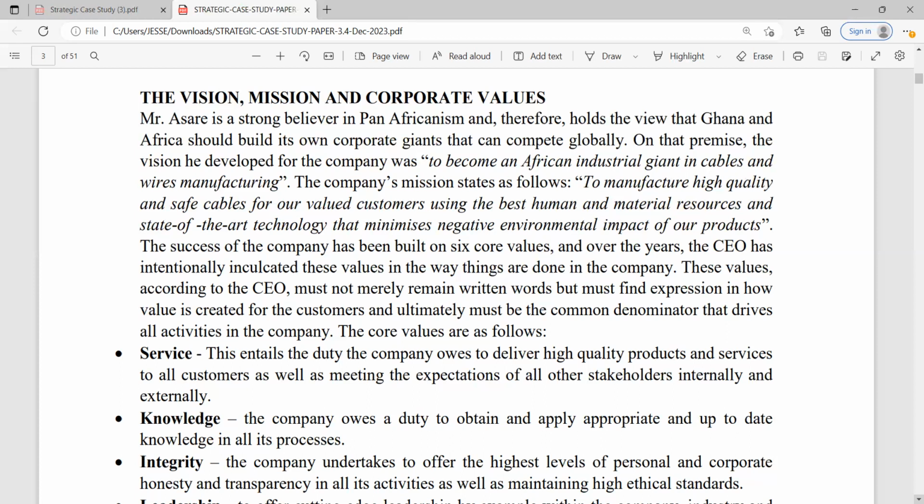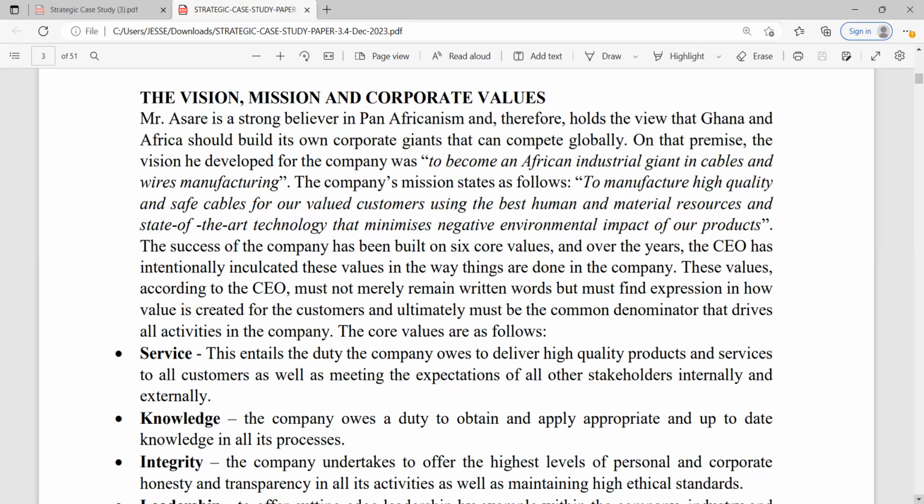So Mr. Asari is a strong believer in Pan-Africanism, and therefore holds the view that Ghana and Africa should build its own corporate giants that can compete globally, right? So this is his belief, and his belief will then drive the vision. So the vision is to become an African industrial giant in cables and wires manufacturing.